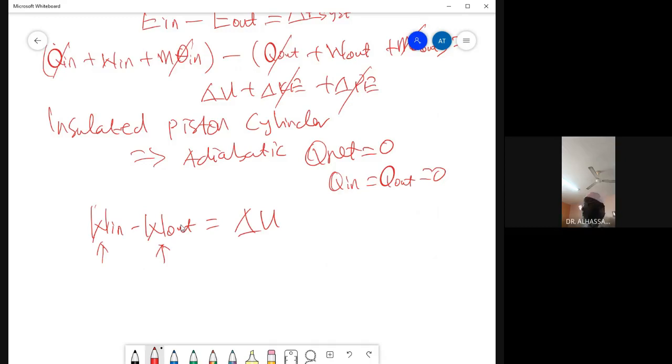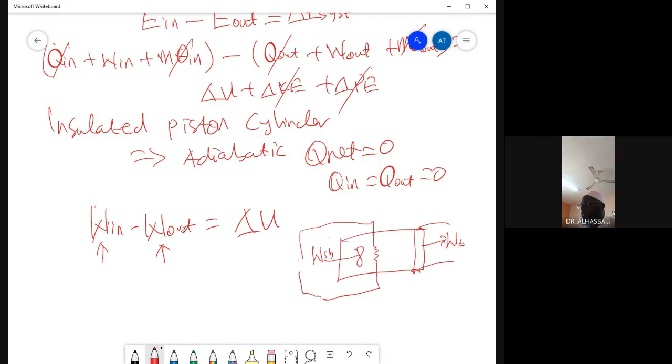As far as the cylinder is concerned, again, let me sketch over here. We have electrical, and then we have boundary work. Boundary work is this, W boundary. So W shaft, and then we have W electrical.